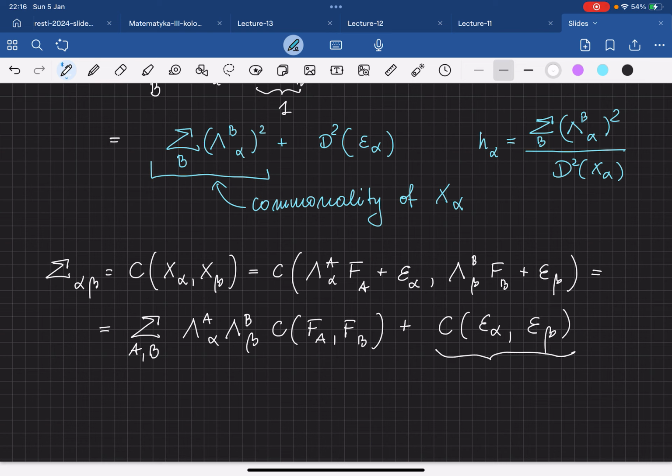So this is the matrix element of the covariance matrix of errors. So let us denote this somehow.